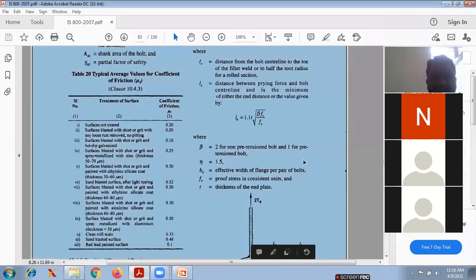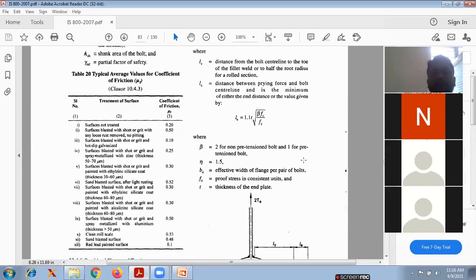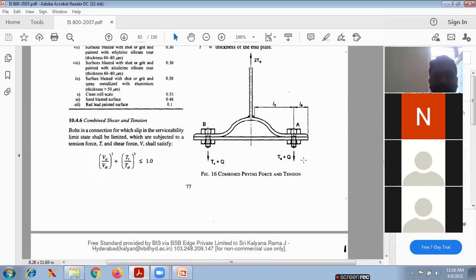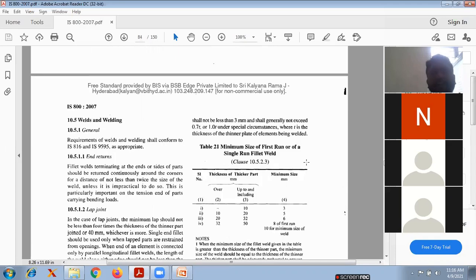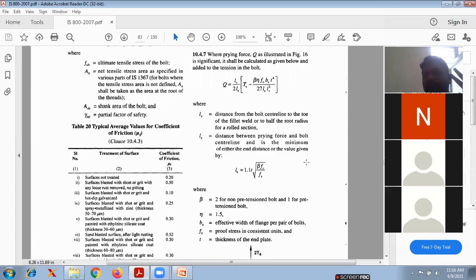On page number 77, both formulas are available. Whenever you want to solve a problem, you must open the IS 800 2007 code book from page number 77. For welded connections, we will go from page 78. So only two formulas are needed while solving the problems.